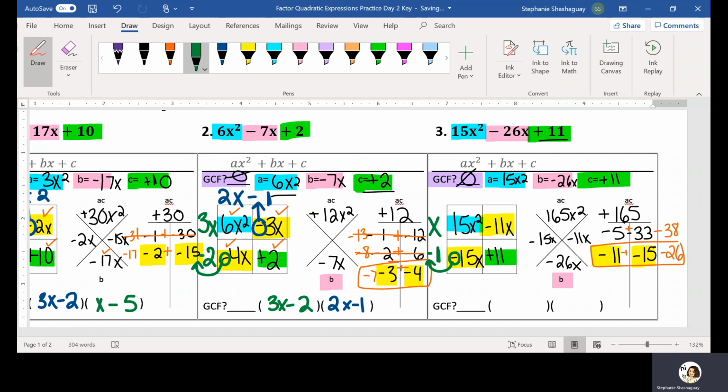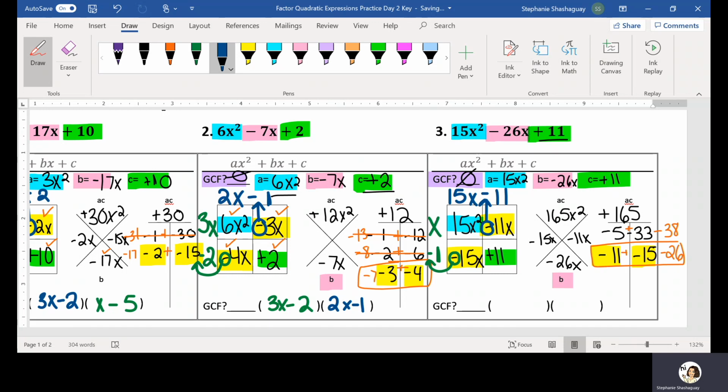Okay? Now let's go to our columns. We have 15x squared and a 15x. So I can factor out 15 because they're both divisible by 15 and an x. Then I have negative 11x and a positive 11. Because of this negative number, I'm going to factor it out. So I have a negative 11.